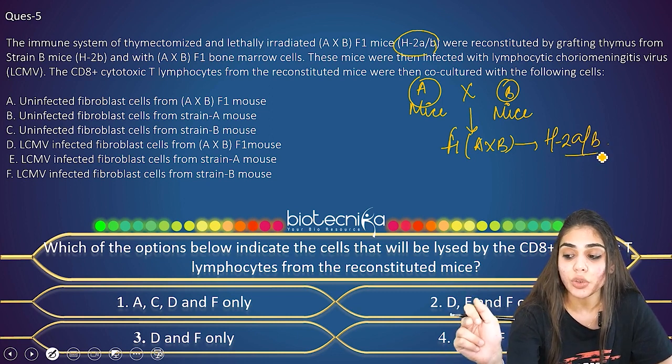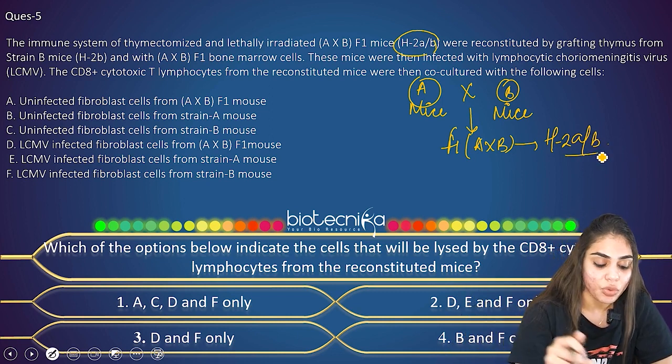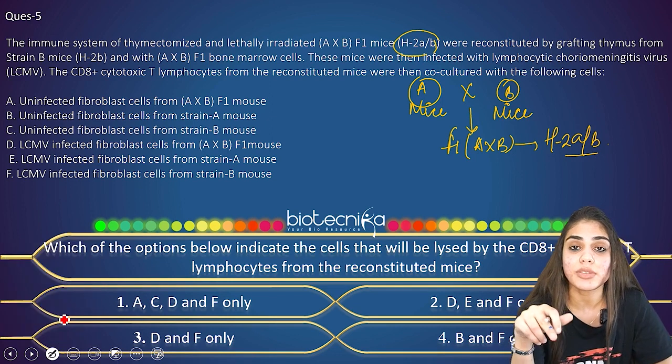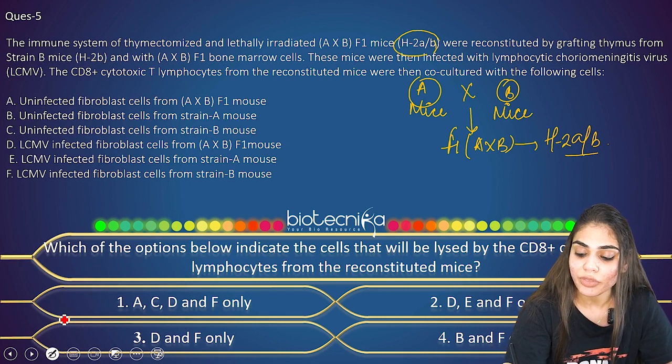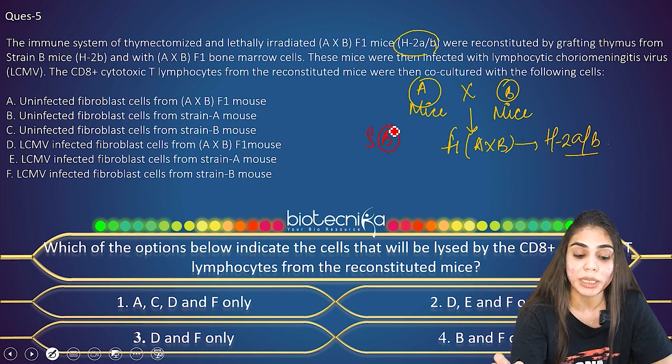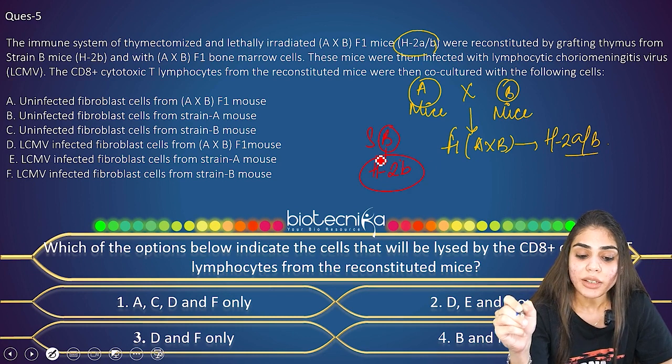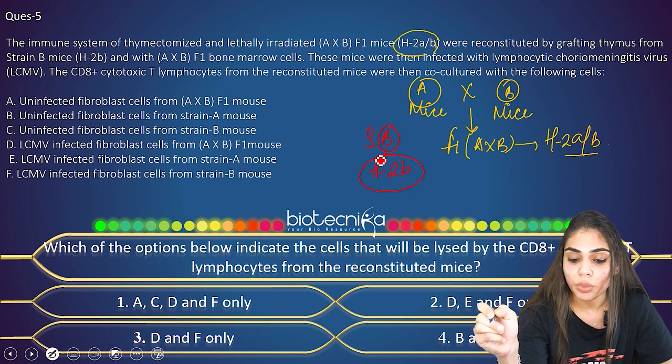Were reconstituted by grafting thymus from strain B mice. Now they have reconstituted these mice from the strain B mice. So they have specifically taken a strain B mice that has the phenotype H2B, and with A × B F1 bone marrow cells.